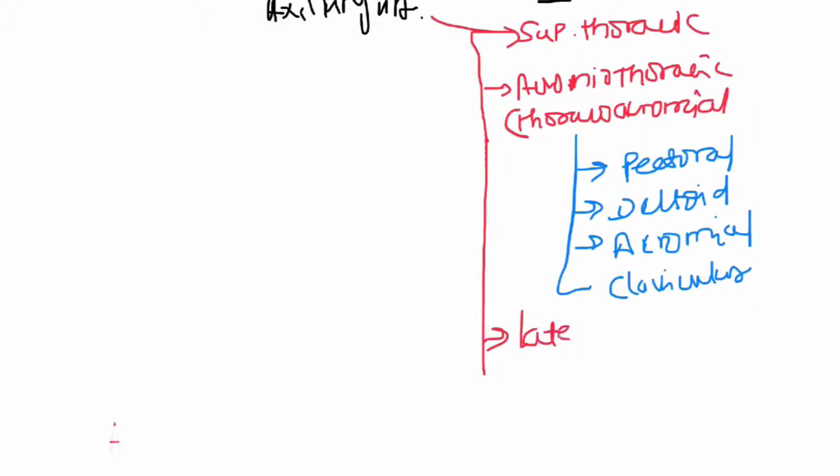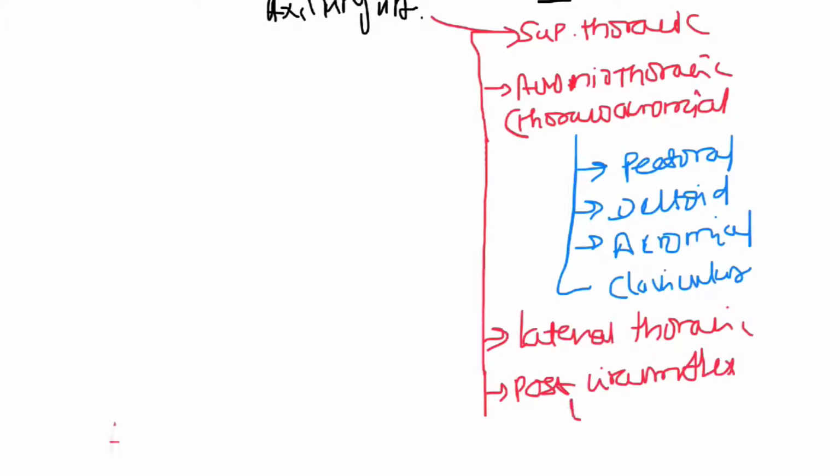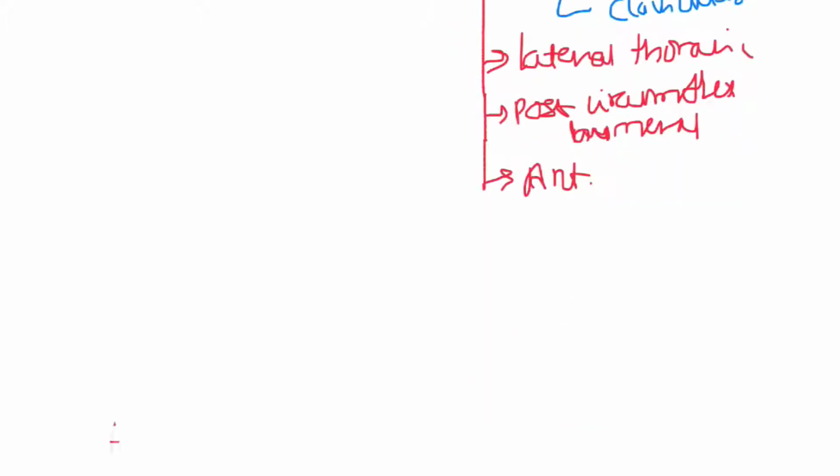lateral thoracic. The fourth one is posterior circumflex humeral. And the fifth one is the anterior circumflex humeral, and the last, sixth one is subscapular.